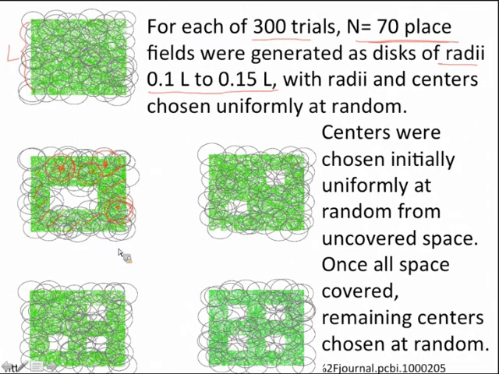Once everything was covered, the remaining points were chosen uniformly at random. We can just throw a dart, and wherever our dart landed, we choose a place field with a radius somewhere in between, again chosen uniformly at random. So that is how the data was generated. Any questions there?